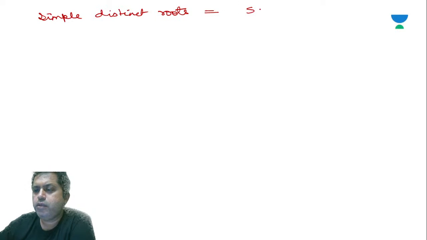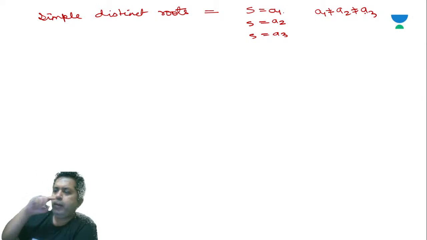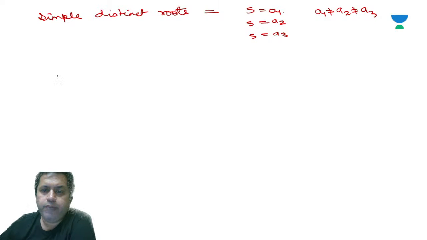Suppose there is s equal to a1, s equal to a2, s equal to a3. These are the example. a1 is not equal to a2 is not equal to a3.